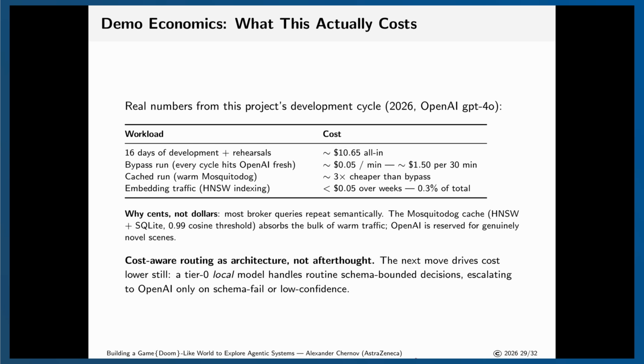We can use an actual local LLM for the caching. We can run Ollama, for example, and instead of sending to remote OpenAI, we can talk through the semantic caching proxy Mosquito Dog to a local LLM.